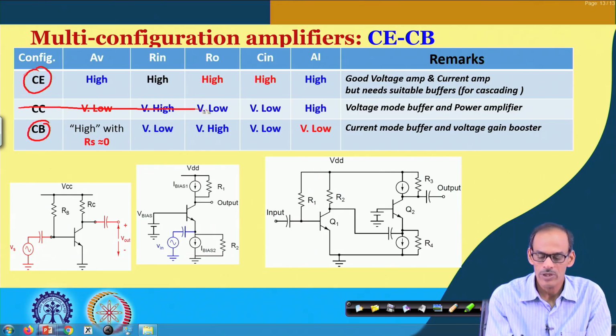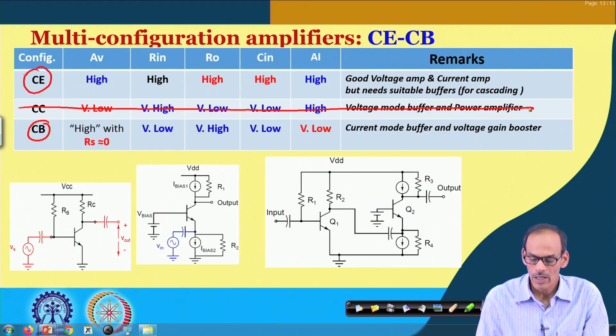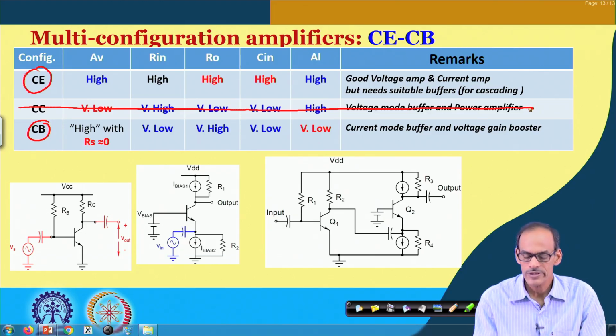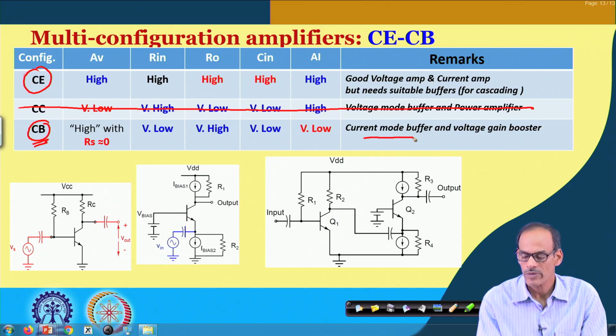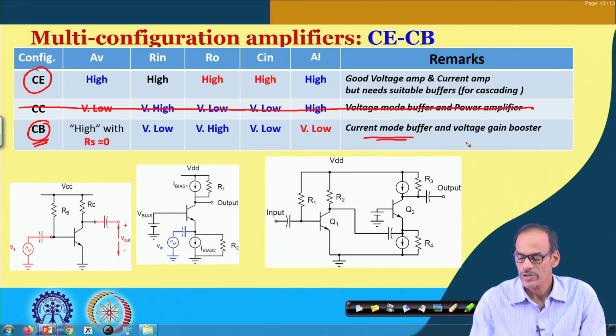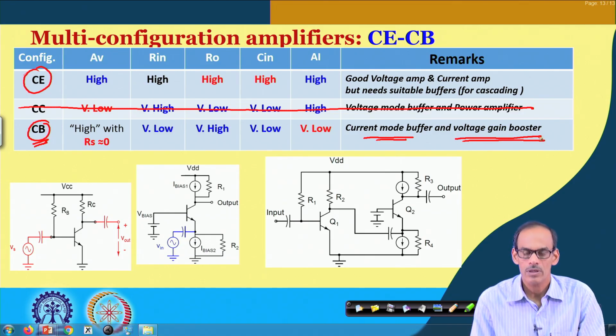Our main purpose here is that CB can be utilized as a current buffer, but today we are going to discuss more its application to boost the voltage gain.